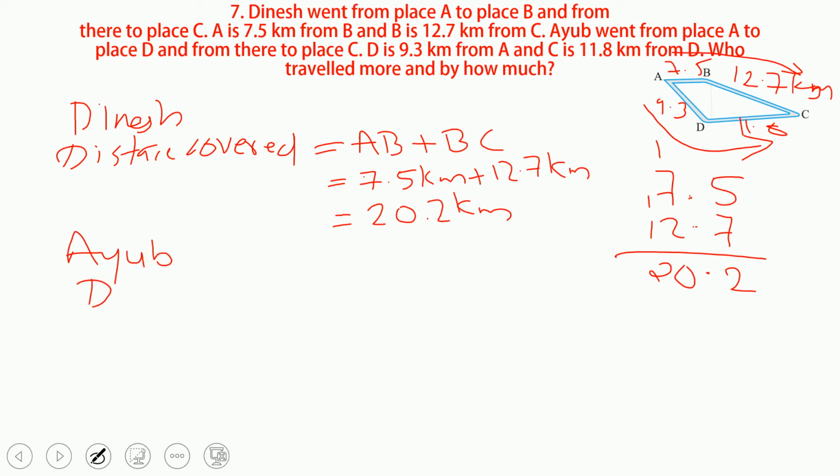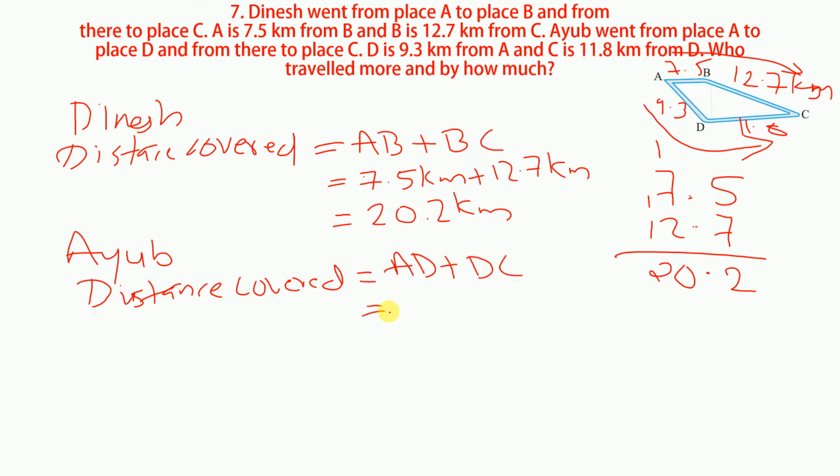Now next is Ayub. The distance covered by Ayub we can say is AD plus DC, correct? So AD is 9.3 plus 11.8. Understand?